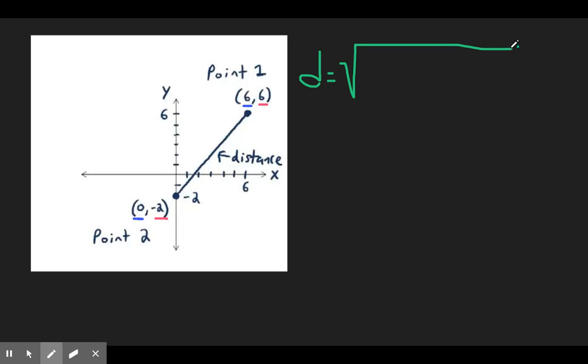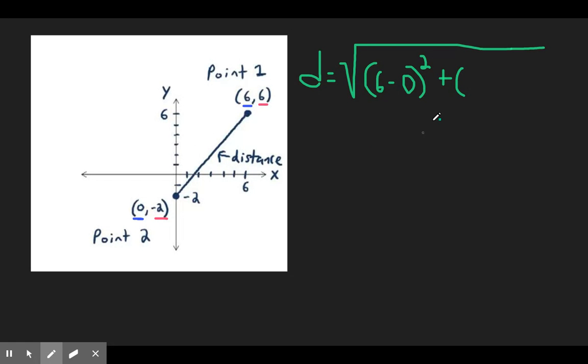There's not much complication I can really add to these other than maybe a word problem, but really we just got to get the information into this formula. So x minus x, 6 minus 0. And when I'm done with that, I'm going to square it. And I need to add to that the same process, but for my y's.